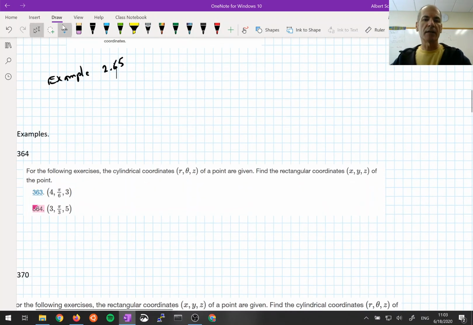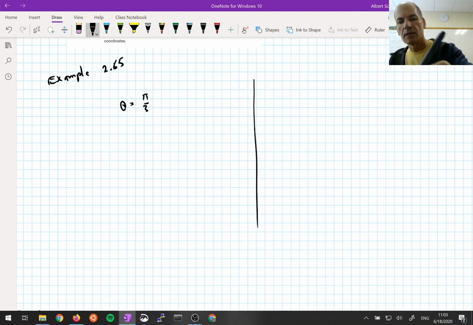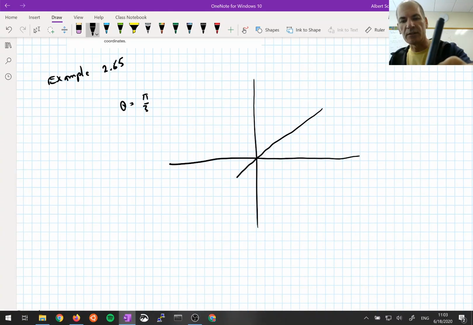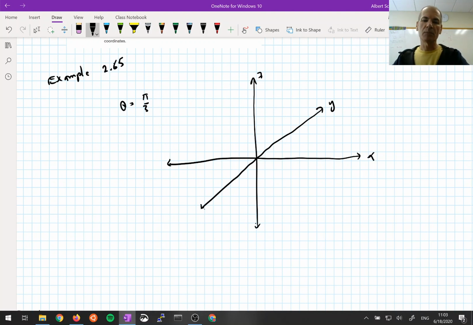Let's see if we can reason out what theta equals pi over 3 looks like. Our intuition is hopelessly bound to Cartesian coordinates, so I'm always drawing these things in Cartesian coordinates, even though I'm talking about spherical coordinates.